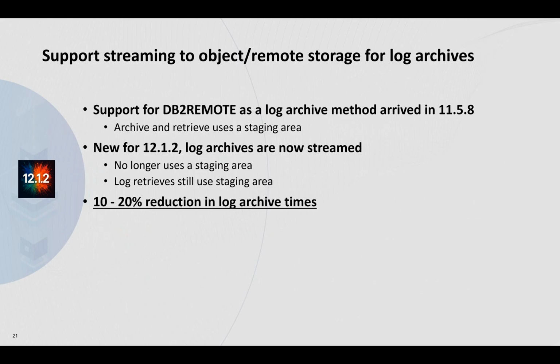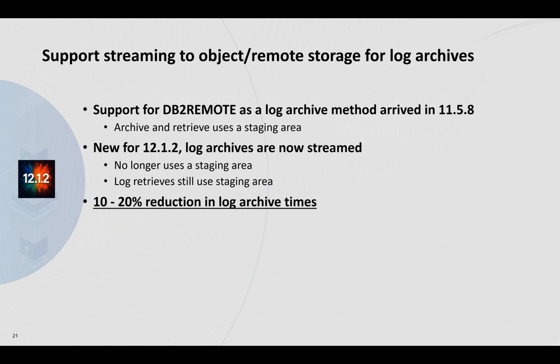So we used to use the staging area for both archive and retrieve. That isn't ideal because the data is being buffered. It's always buffered writes, so that takes a little bit longer from start to finish to archive a log file. So what we did now for mod 2, 12.1.2, is that all our log archives are now being streamed. As soon as we write, there's no longer a staging area.